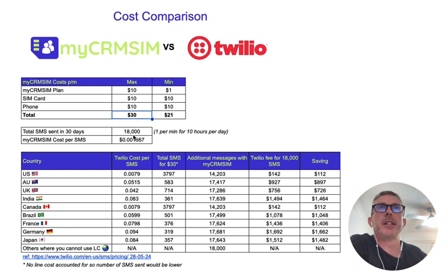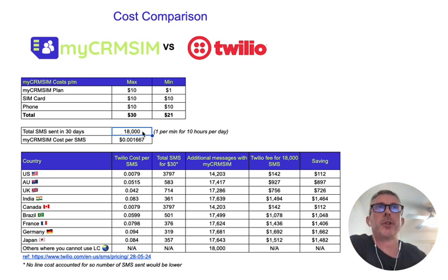So if we say the total SMSs that are sent in 30 days, looking at a fairly regular but active account, if there was one message sent every minute for 10 hours per day, you're going to end up with 18,000 messages over the course of a month. So if you've got an AI bot going on, chats going back and forth, it's perfectly feasible that you could use that number of SMSs. So 18,000 per month.